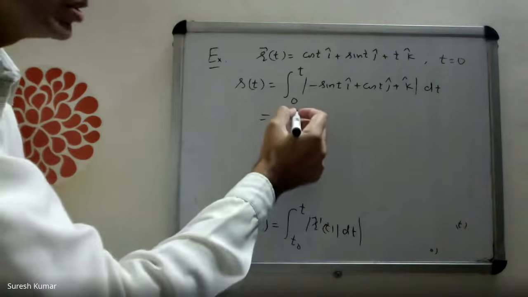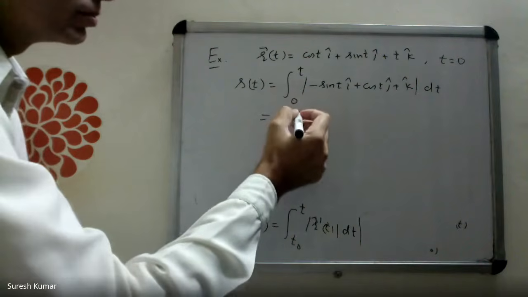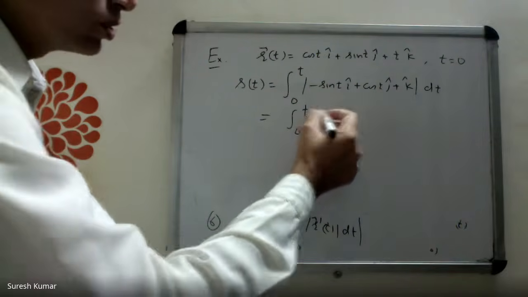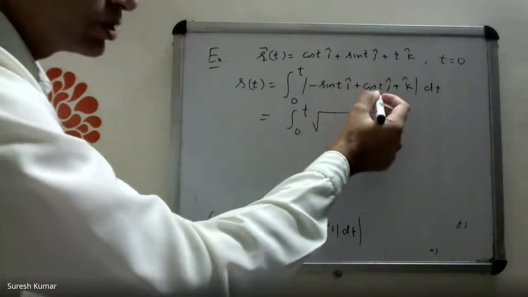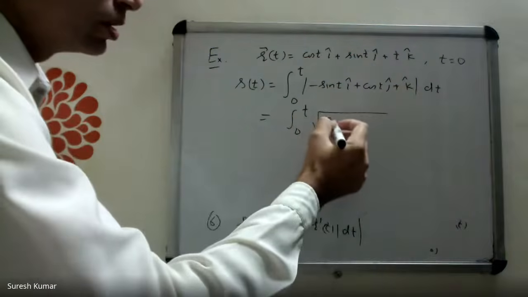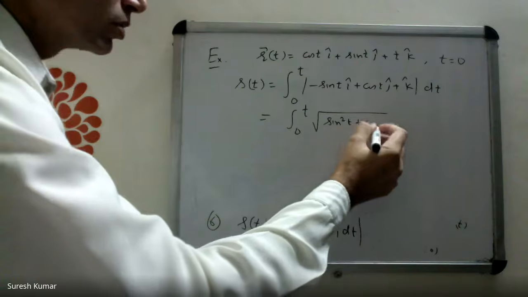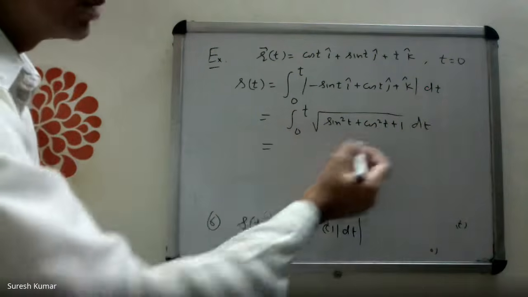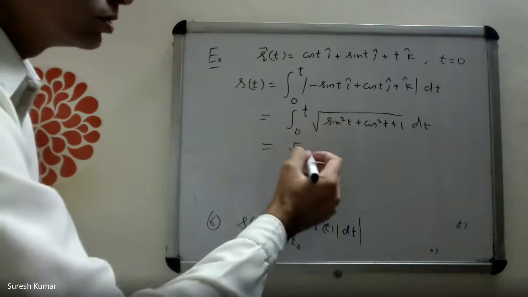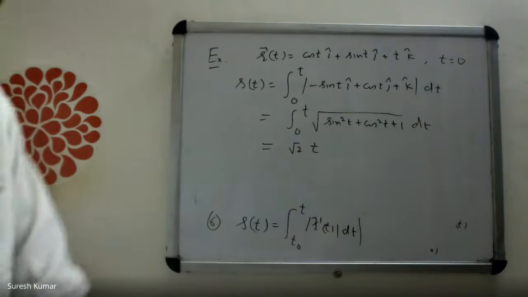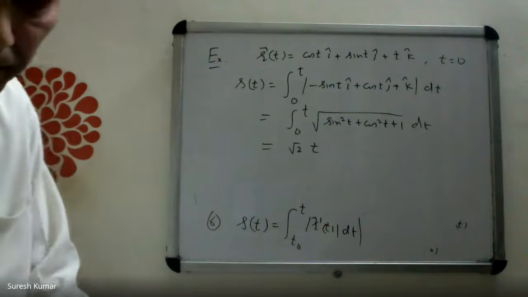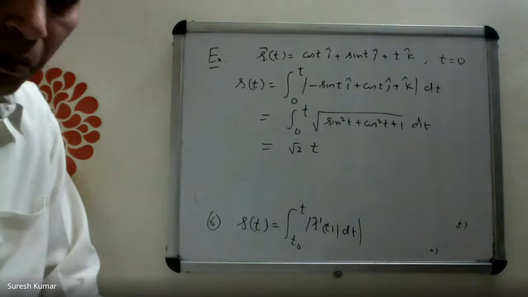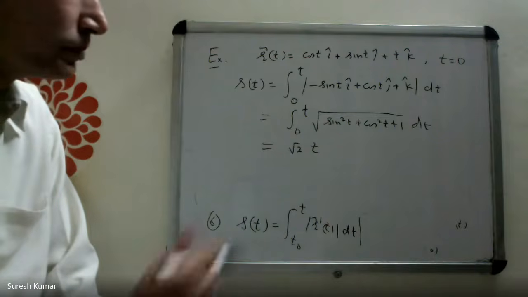What do you get after this? Modulus of this is square root of sin square t plus cos square t plus 1. After this it is root 2. So finally you get root 2 times t. Is it correct? Okay.